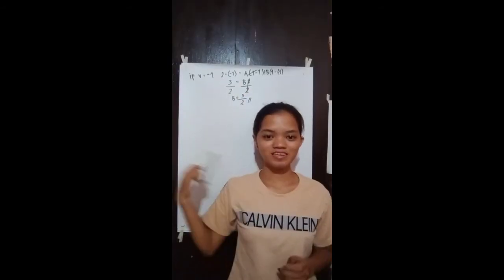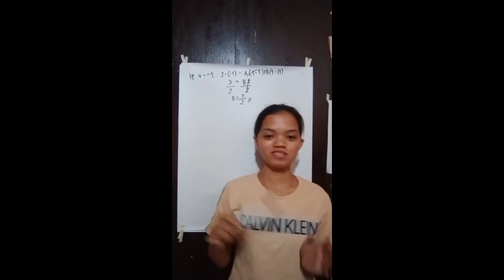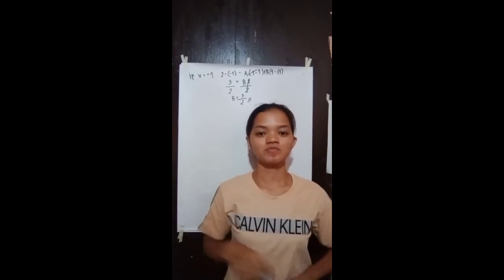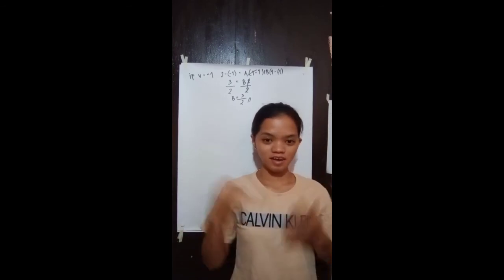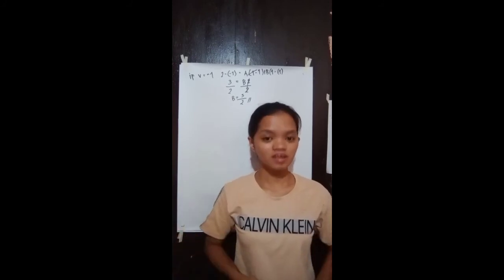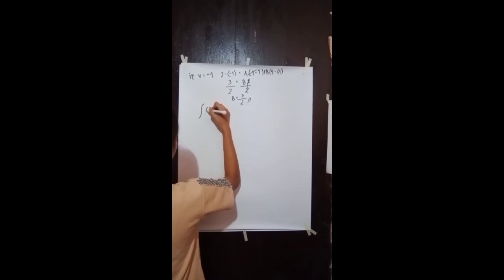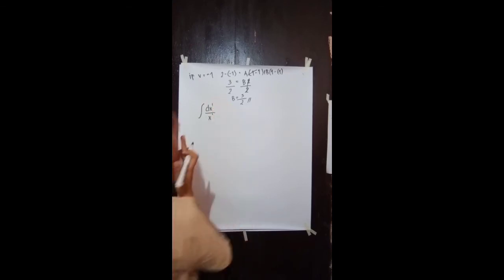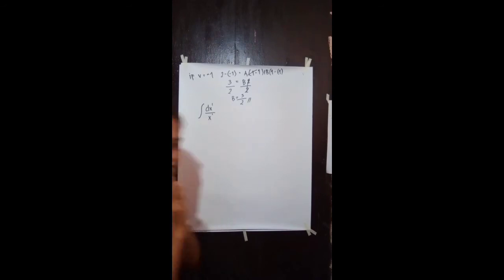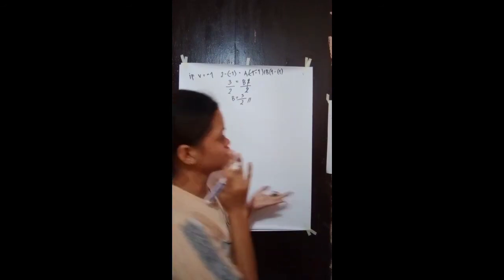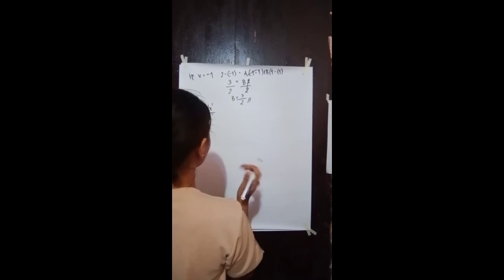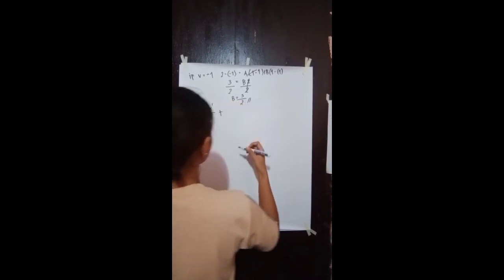So, next is balik na tayo sa equation natin kanina na merong dx prime over x prime. So, sabi ko nga kanina is, ang nangyari sa kanya is integral na siya. So, magkakaroon tayo ng integral of dx prime over x prime. And, meron na nga tayong value ng a and b. So, palitan na natin siya.